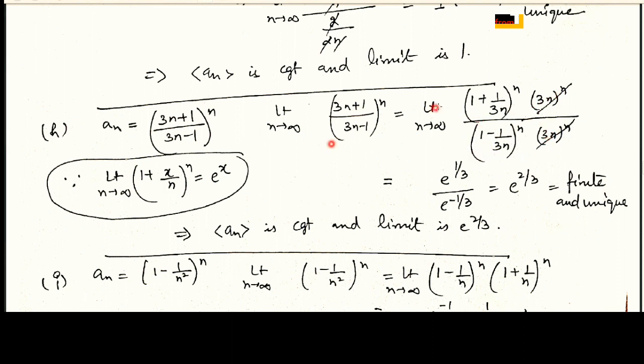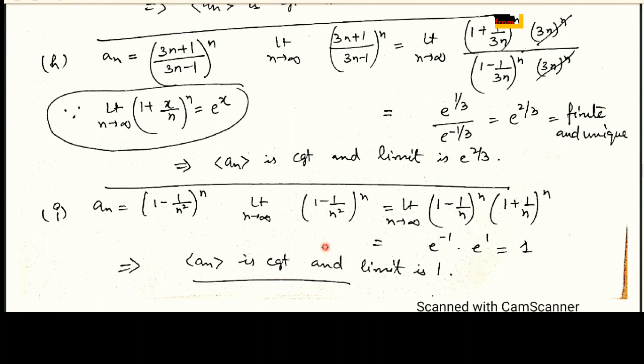Now this is the same form. So by using this standard limit, it will be converging to e to the power 1 by 3 and it is converging to e to the power minus 1 by 3. So this is converging to e to the power 2 by 3, which is a finite and unique number. So this sequence is convergent and it converges to e to the power 2 by 3. So this is the limit of this sequence.